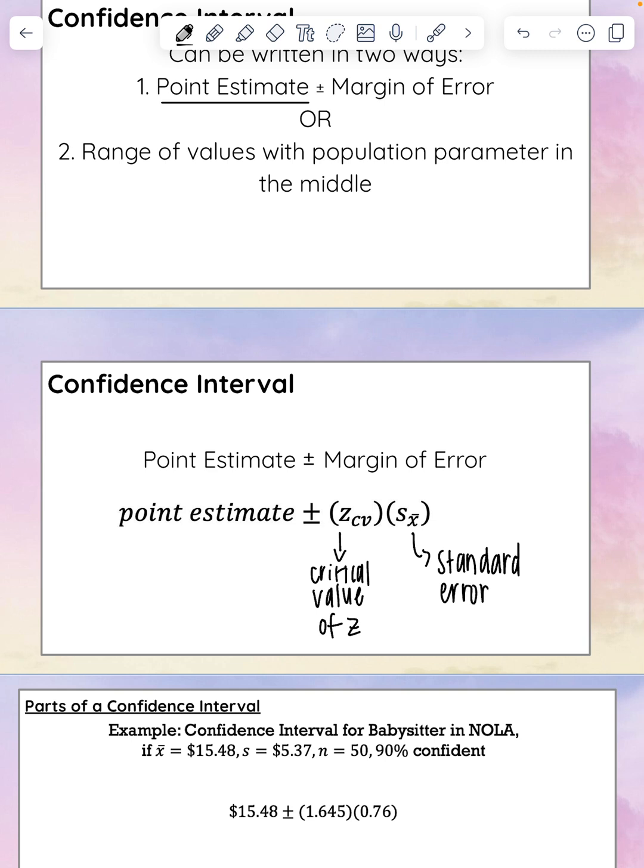So the margin of error is actually composed of the critical value of Z times standard error. And there is a formula for standard error that we will use. It's going to be standard deviation S over square root N.